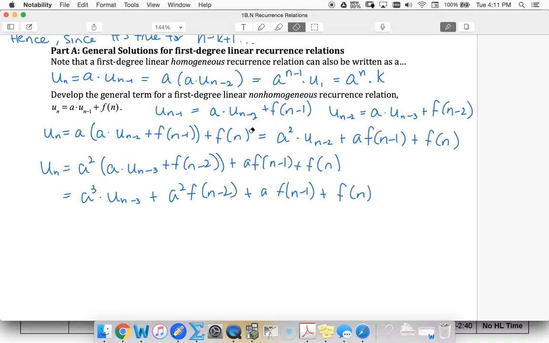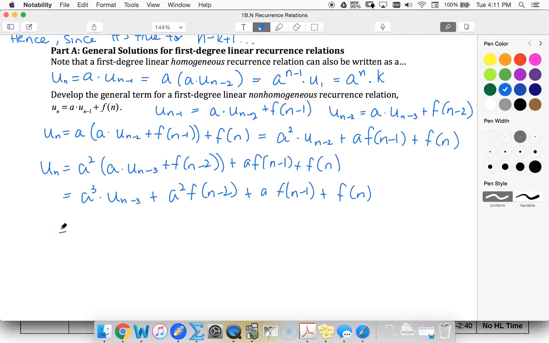So it looks like I'm going to have my geometric sequence here. So that's going to be a to the n minus 1 times u1. And then I've got a sequence here that I can turn into a series. So I'm going to start with, let's go with some value k equals 0. And then I'm going to go up to n minus 2.